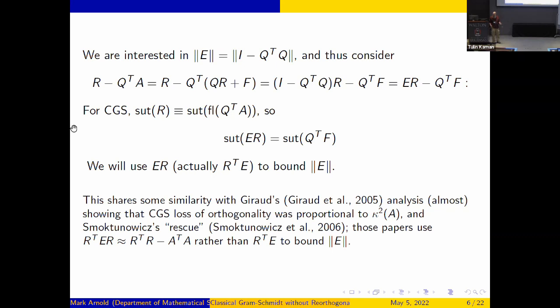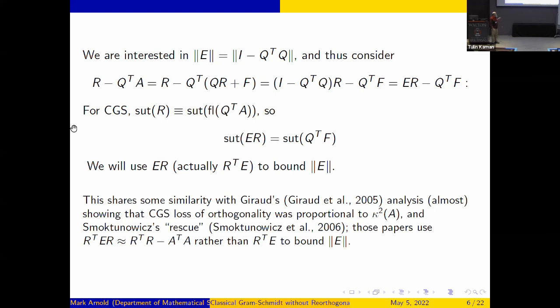Our computations pretty much confirmed that it has to be this, but nobody came up with a proof. It turned out that Giraud's original proof had some mistakes in it, but Smoktunowicz fixed it in the next year. I would have loved to have been a fly on the wall in some meetings during 2005.